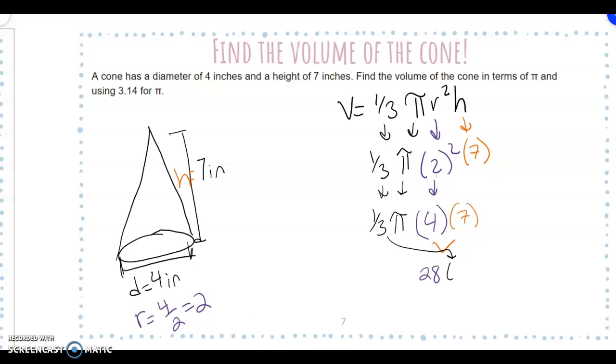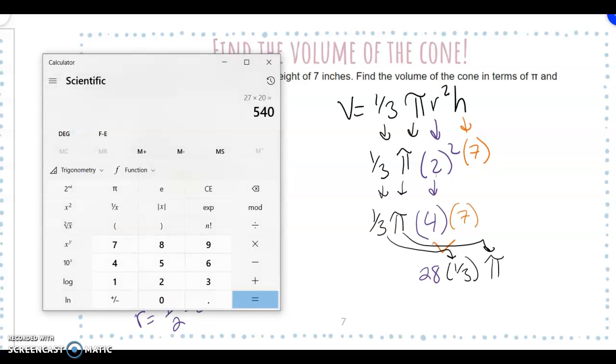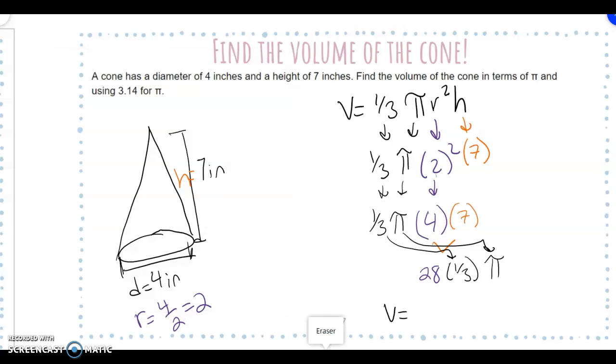And then I need to multiply that by 1/3 and then leave in terms of pi. So 28 divided by 3 is going to give me 9.33333. What I would leave it as is 28 over 3 pi inches cubed.